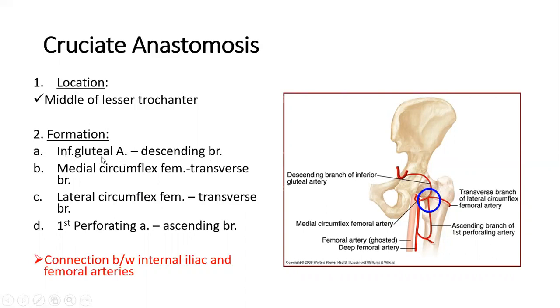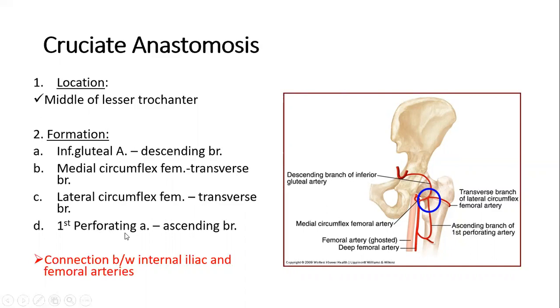This artery is superiorly located among these arteries. Then in between the inferior gluteal and first perforating artery, we have circumflex femoral arteries. The name circumflex means surrounding. Surrounding what? The upper end of the femur. So these two arteries will give off transverse branches. The direction of their branches will be transverse.